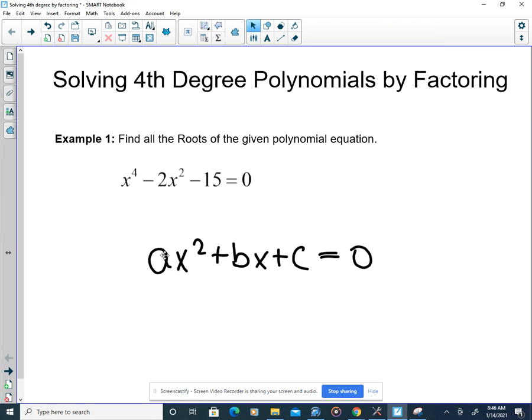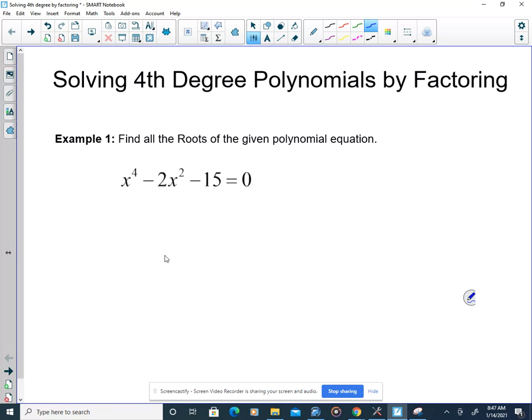So let's take a look at this first example. We have a fourth degree trinomial here. You notice it's already in the standard form that we want, ax squared plus bx plus c is equal to 0.